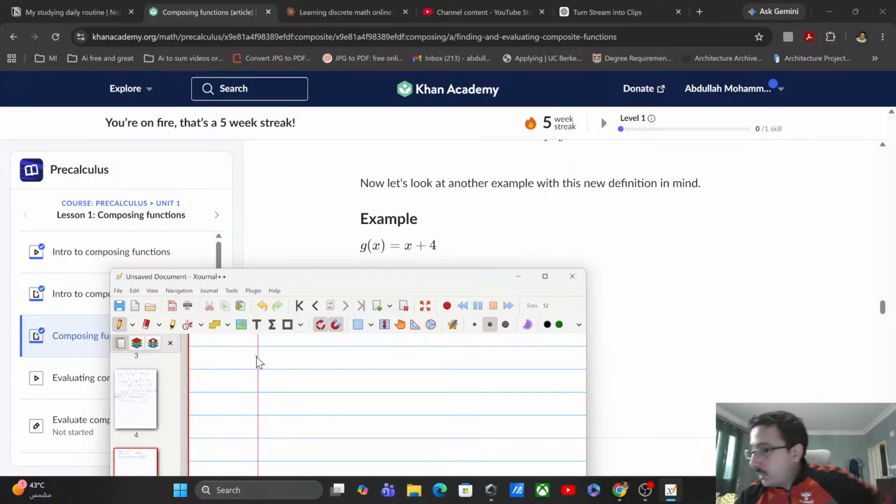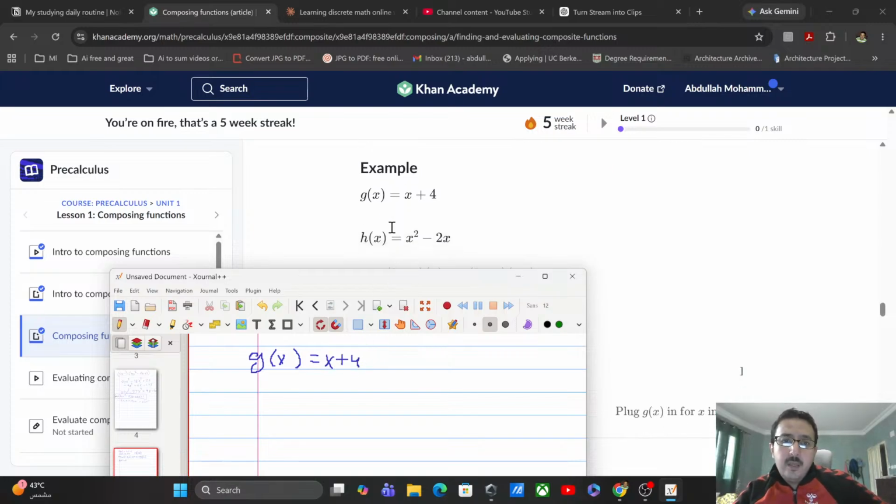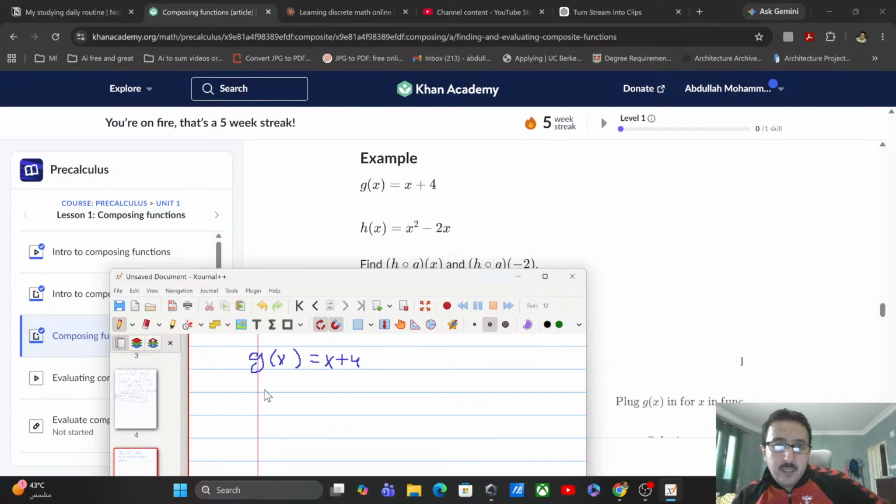Pen. j(x) equals x plus 4. Then we got h(x) equals x squared minus 2x.